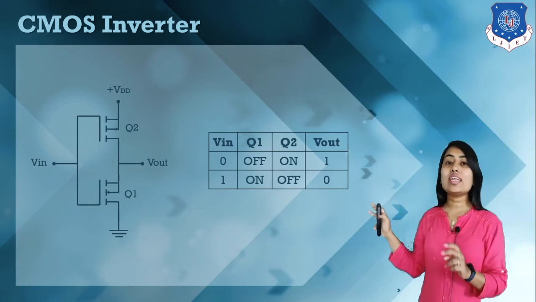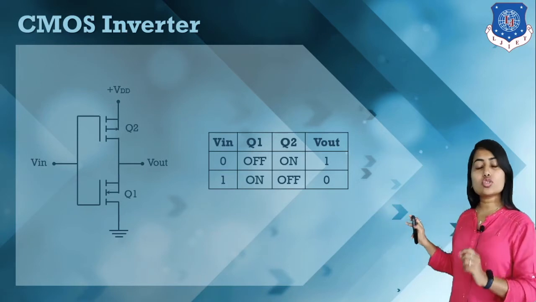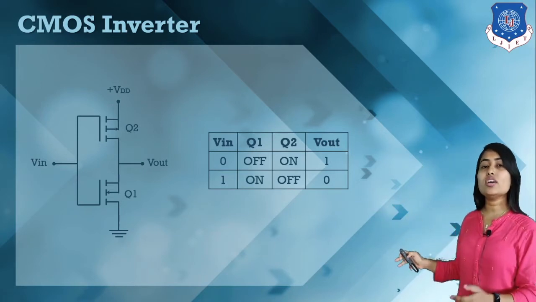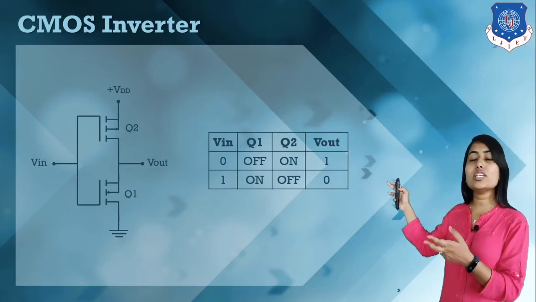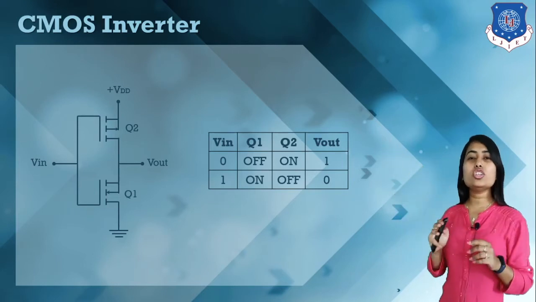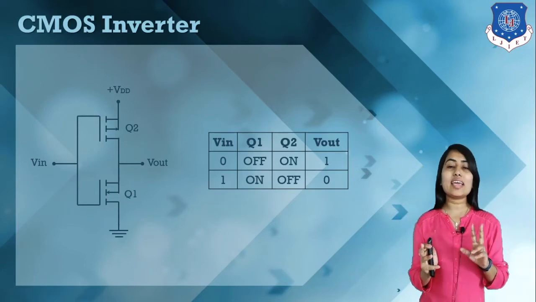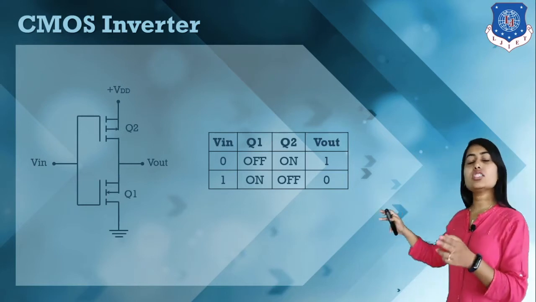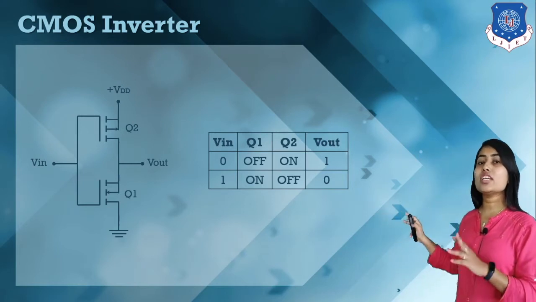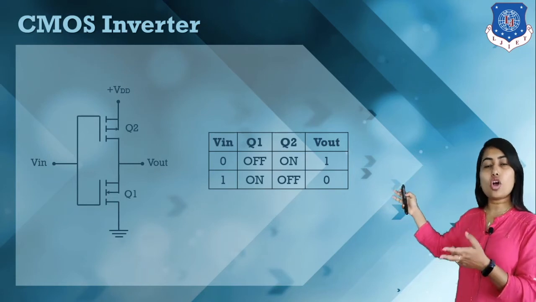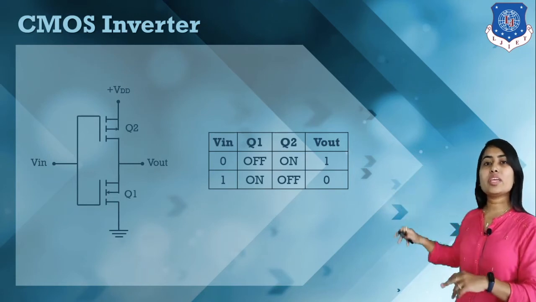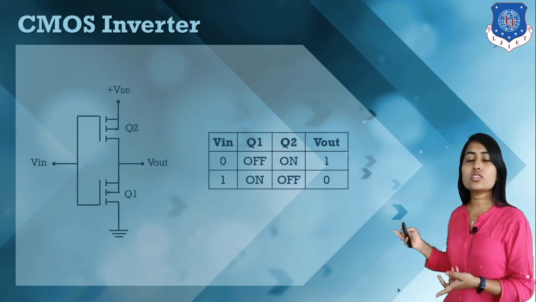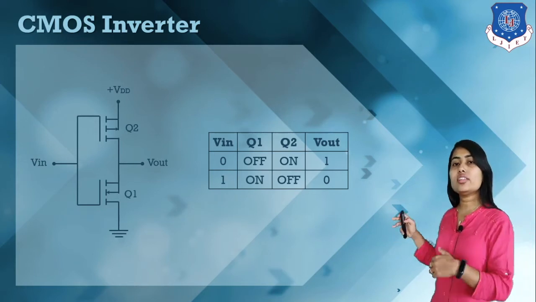Whenever Vin is equal to 0, Q1 is off and Q2 is on. Here on and off basically work like a switch. Q2 is on because these are exactly opposite of each other, so as one is on, the other is off.